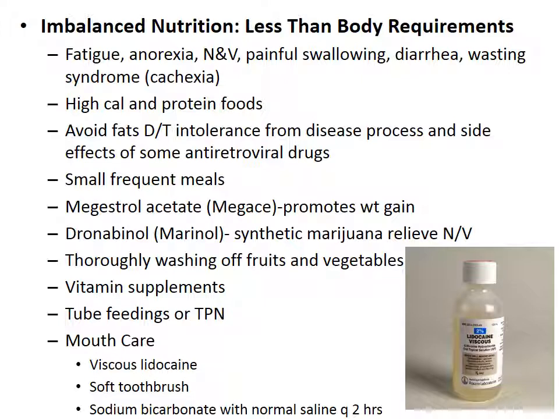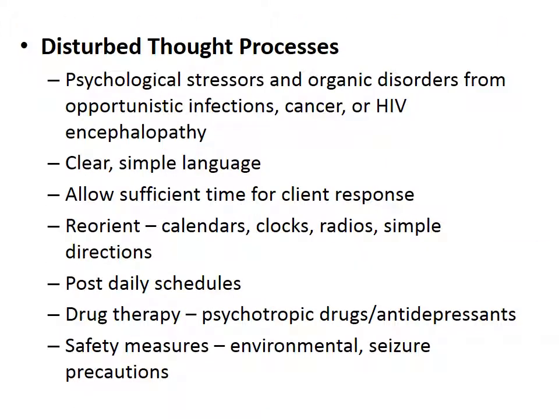Marinol, a synthetic marijuana, is thought to relieve nausea and vomiting in some of these patients. Thoroughly washing off fruits and vegetables is important, as are vitamin supplements, tube feedings or total parenteral nutrition, and judicious mouth care using viscous lidocaine, a soft toothbrush, or sodium bicarbonate with normal saline every 2 hours.